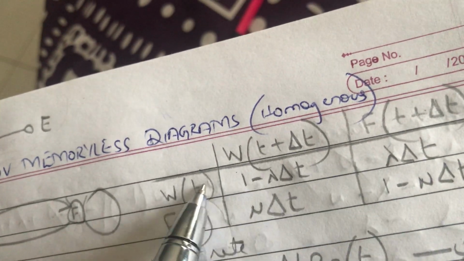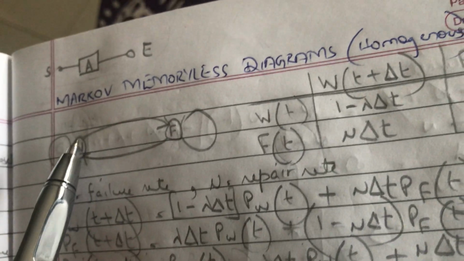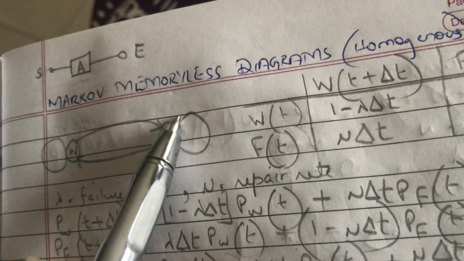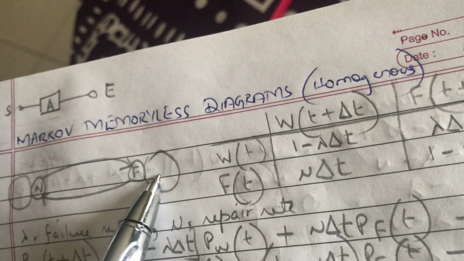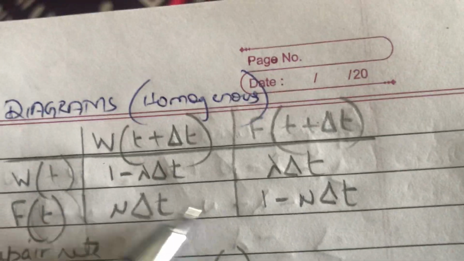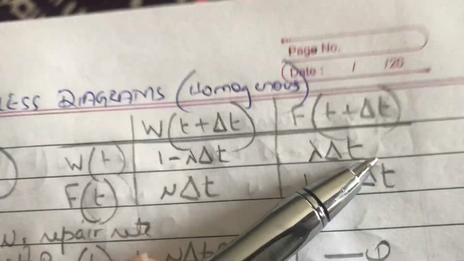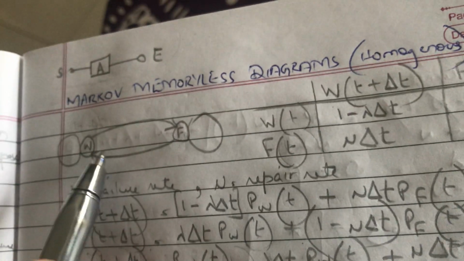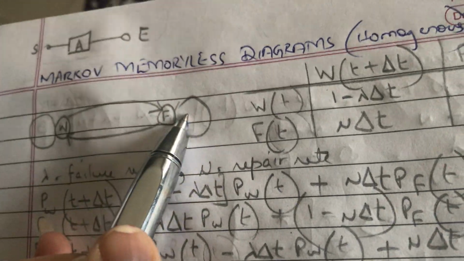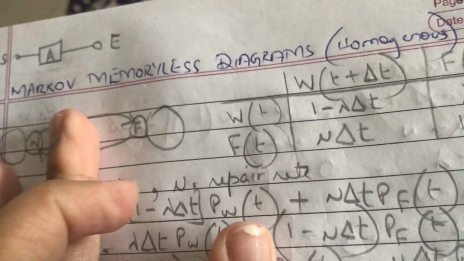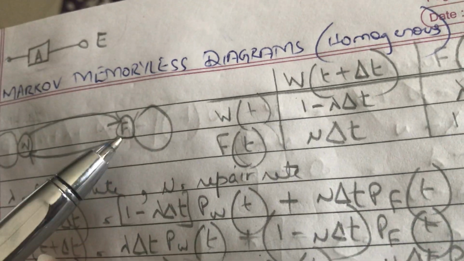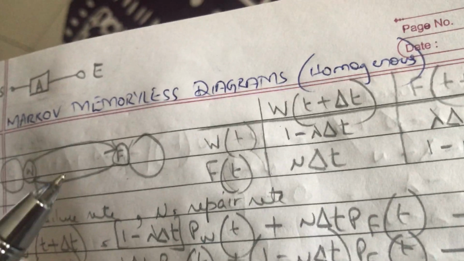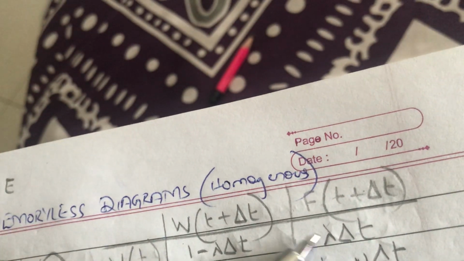Then we move from the working condition to the failed condition. When we come here, we have lambda delta t. Why is it so? Because from the working condition to the failed condition, the item has failed, so we have a failure rate, which is lambda delta t.